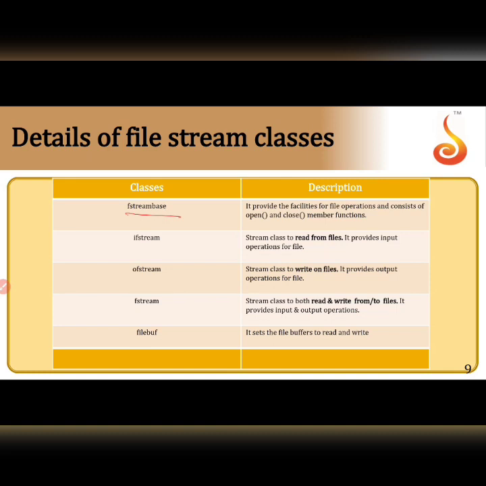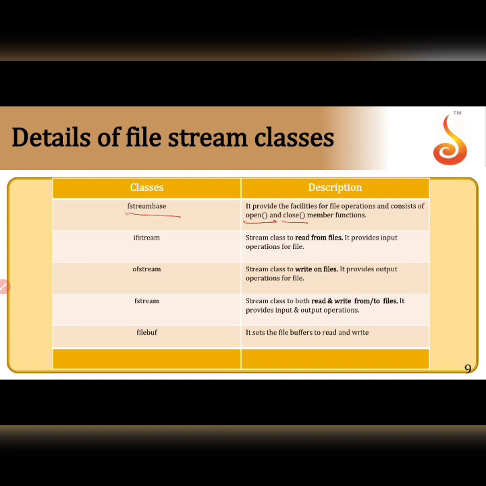These are the file operations, and the member functions are open and close, because if I want to read or write from a file, I need to open the file, and after completing that I need to close the file. So it has member functions open and close, which will allow me to open and close the file.